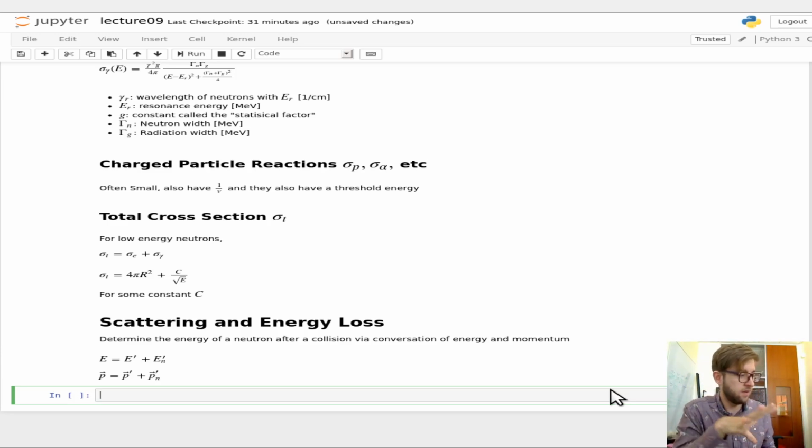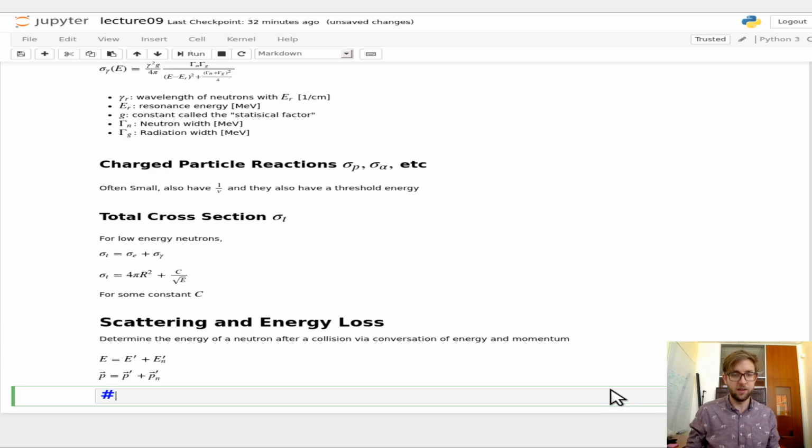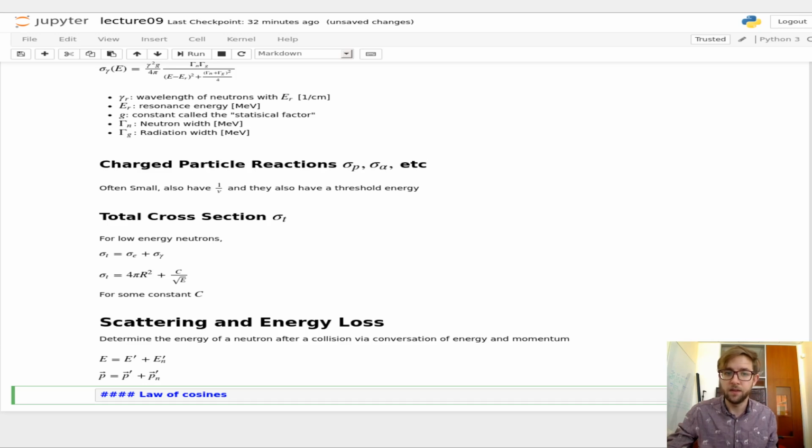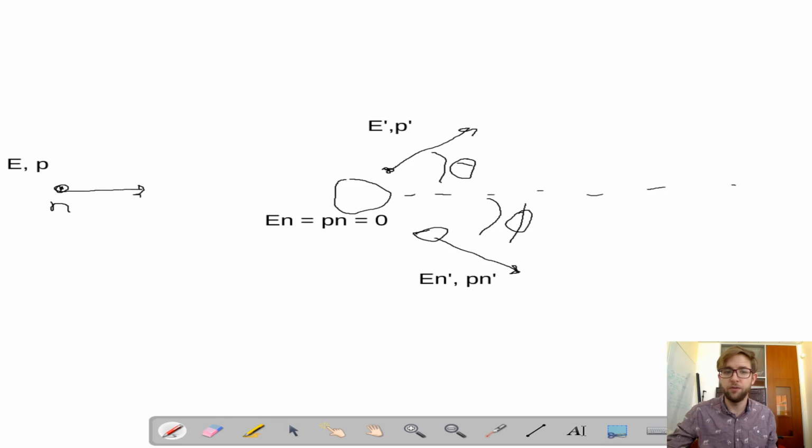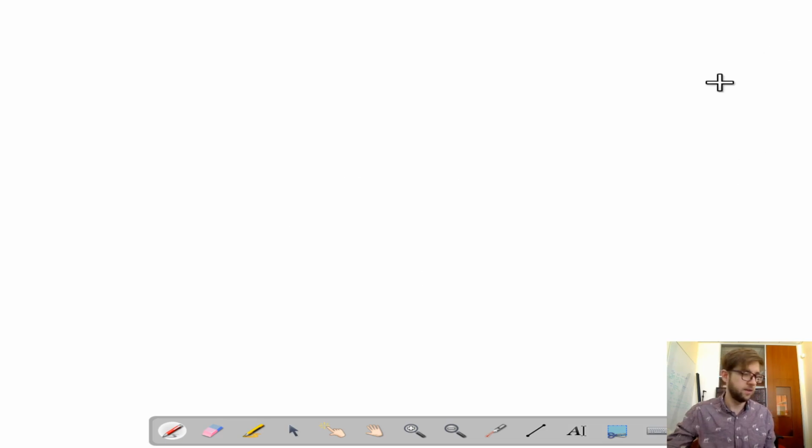Those are our conservation laws, and one of the annoying things here is that we have both these angles theta and phi, and so we want to eliminate those. So I'm just going to remind you of the law of cosines. Say that we have a triangle. Let me go ahead and draw this.